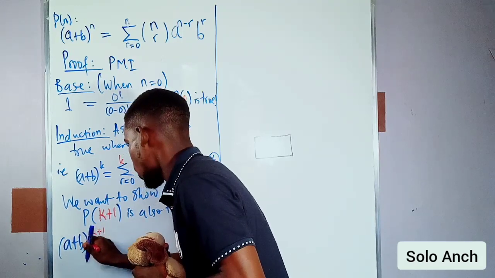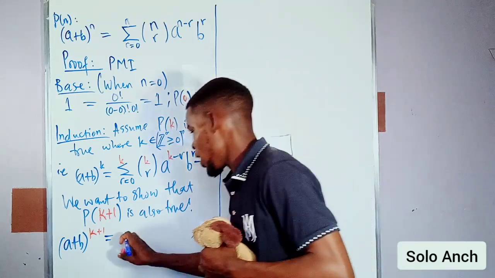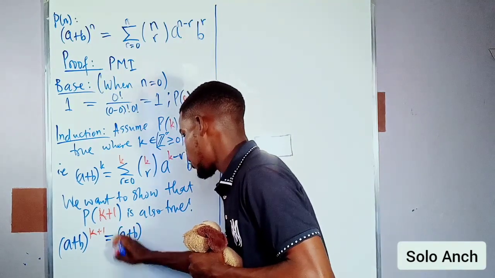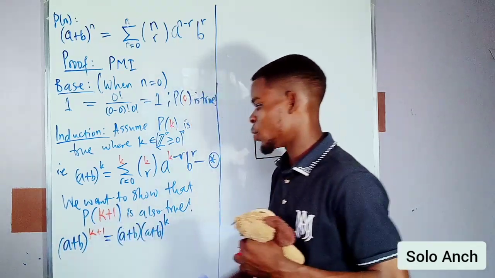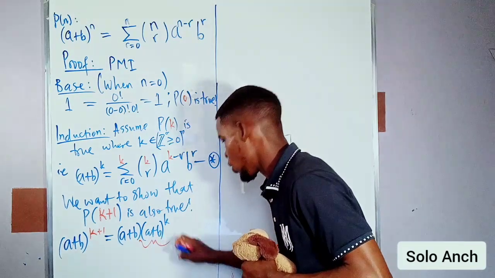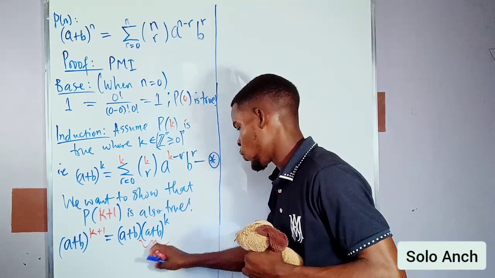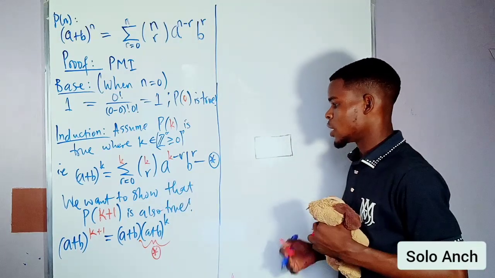Good. So we're going to use some index properties on that. This will mean (a + b) times (a + b) raised to the power of k. So that's how to rewrite that. But we notice that from equation asterisk, we can replace (a + b) raised to the power of k with this sum.